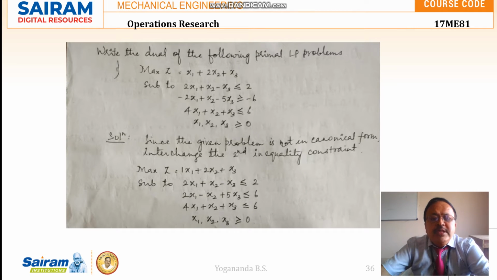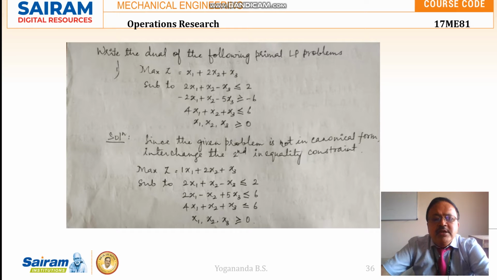So we'll see how to write the dual of the given primal LP problem. Maximize Z equal to 1x1 plus 2x2 plus x3, subjected to the constraints. First we have to see whether the given problem is in standard canonical form.